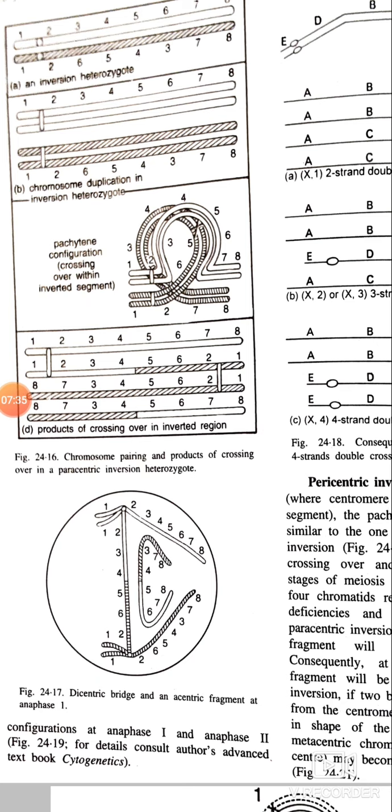Products of crossing over in the inverted region. Here in diagram 24.17, a dicentric bridge and an acentric fragment at anaphase 1.